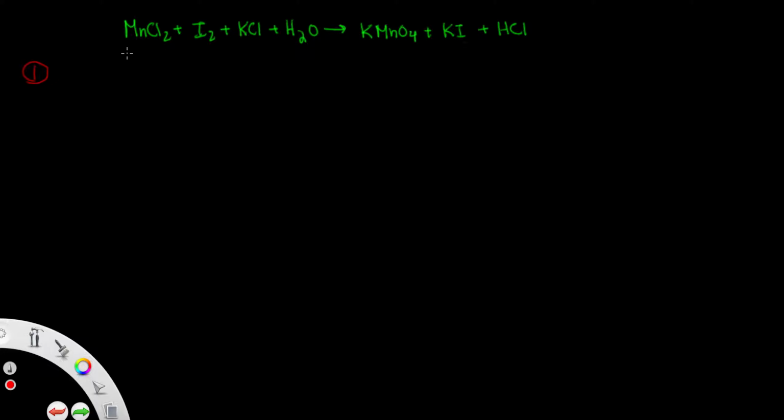So the first thing that I'm dissociating is the manganese chloride. The reason why I'm dissociating it is because chloride is a halogen, and halogens are soluble in water unless they are attached to mercury or lead or silver. And seeing that manganese is none of those three, I know that manganese chloride is soluble in water.